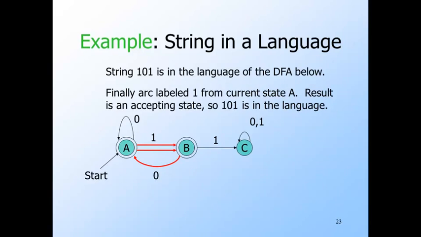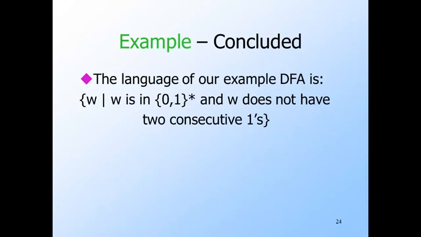Since the path from A labeled 1, 0, 1 gets us to a final state, 1, 0, 1 is indeed accepted by the automaton. Now this expression is called a set former. It describes sets, and in particular we'll use it to describe languages. In this example, it's describing the language of the automaton that has served as our running example. The set former starts with a curly brace, and then an expression representing the things we want to put in the set.